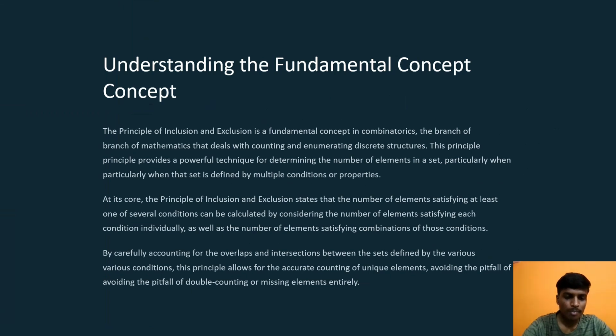At its core, the principle of inclusion and exclusion states that the number of elements satisfying at least one of several conditions can be calculated by considering the number of elements satisfying each condition individually, as well as the number of elements satisfying combinations of those conditions, by carefully accounting for the overlaps and intersections between the sets defined by the various conditions.